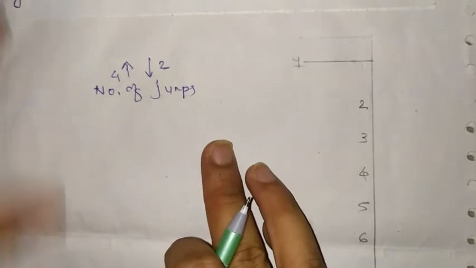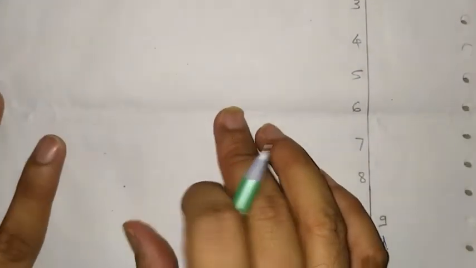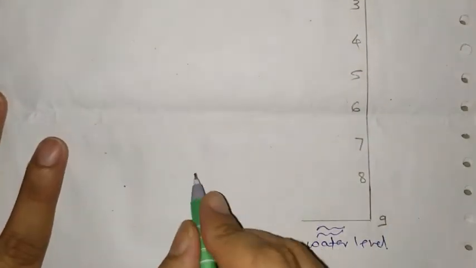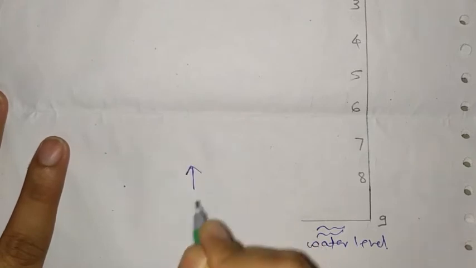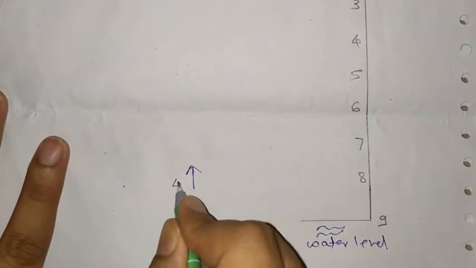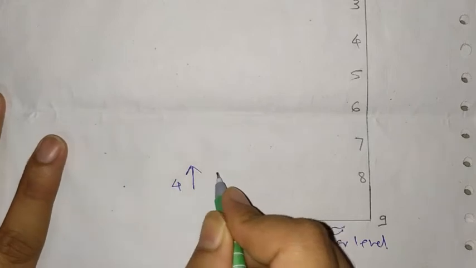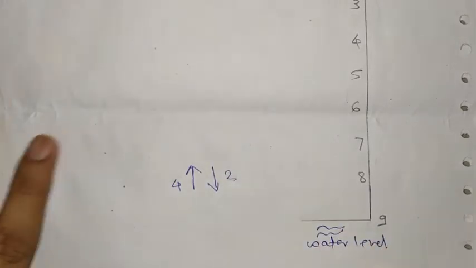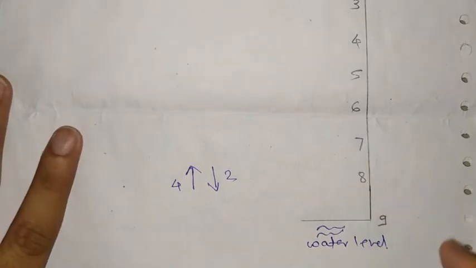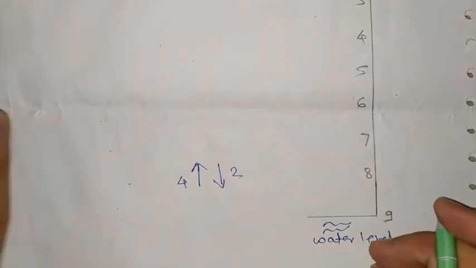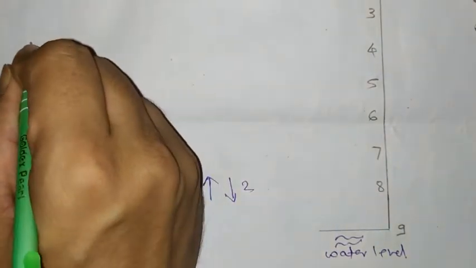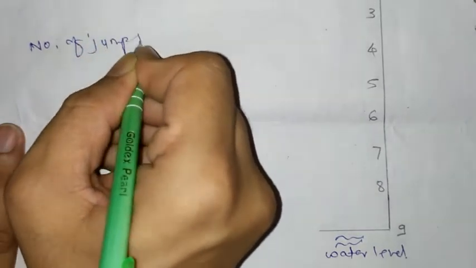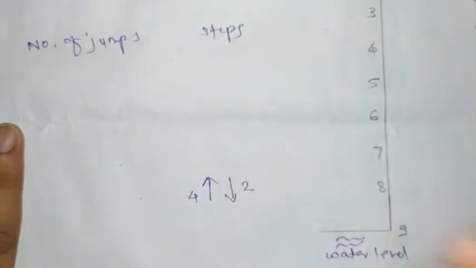So now we got to know one equation: the monkey first goes up by 4 steps and then goes down by 2 steps. This is the formula for going upside. So in this question you have to maintain 2 things, the number of jumps and the steps calculation.